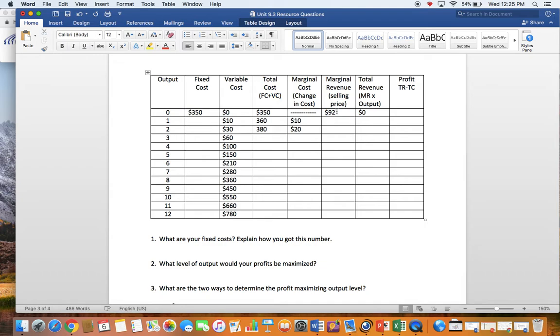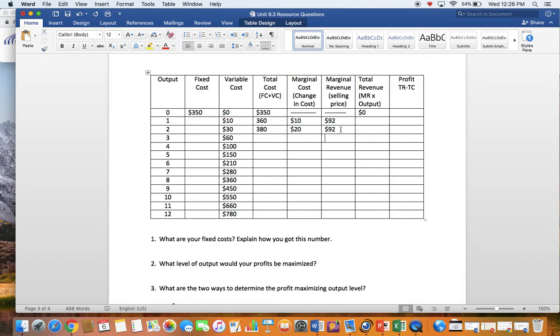Let's put this down here. It makes more sense. If I'm selling zero, my marginal revenue is zero. I don't have anything coming in. If I sell one at $92, and I sell another one for $92, my additional revenue is $92.